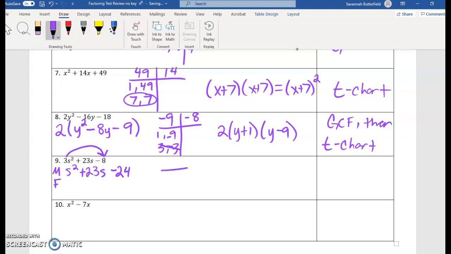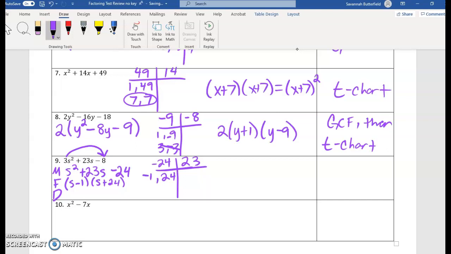Now we're going to factor it. So we're factoring a negative 24 for a sum of positive 23. So I'm going to start with 1 and 24. If I want a positive 23, then I need to make my smaller factor negative. And so negative 1 plus 24 does get you a positive 23. So this is going to be s minus 1 and s plus 24.